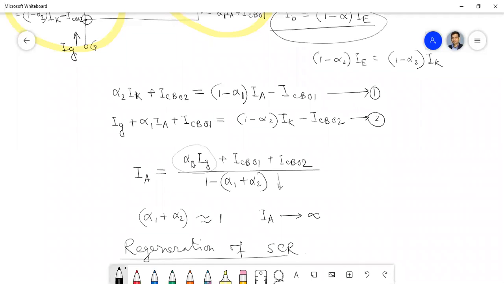Yes, sir, there is no gain, the transistor is at the cutoff state. Then the denominator is 1, and the numerator is in the order of milliampere or less, ICB01 or even less. So with 1 in the denominator, IA is very small. Yes. Got it.